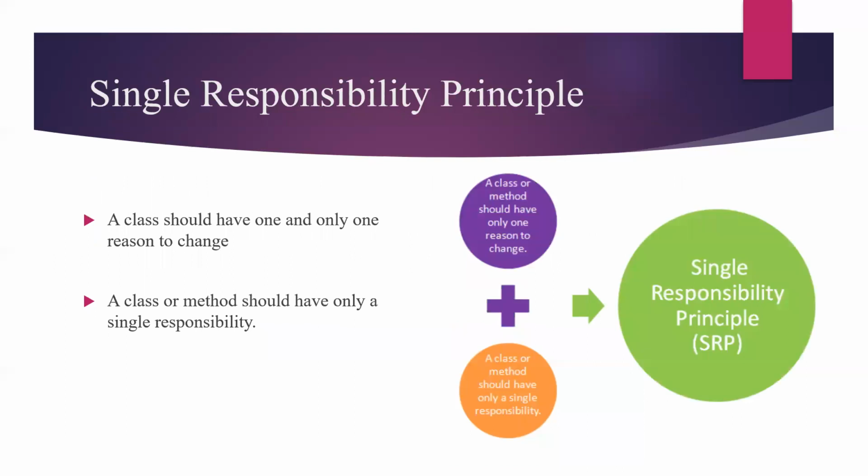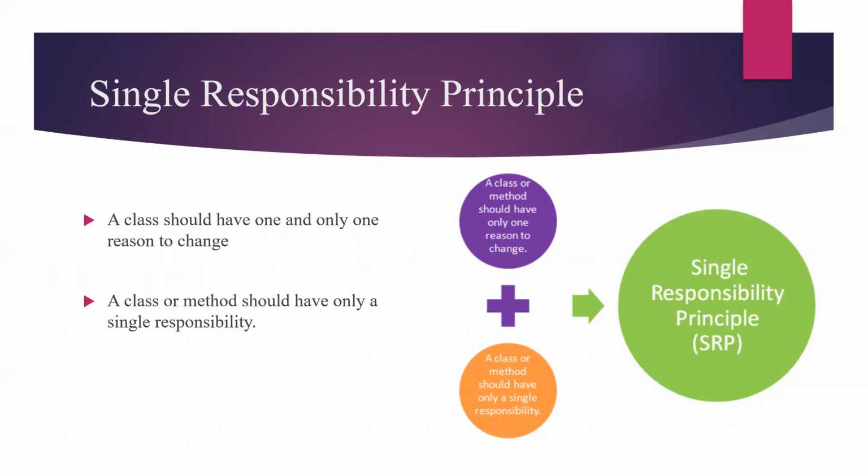So let's start with the first, the single responsibility principle. This principle states that when you are creating an application, in that particular application, one class should have only one responsibility. It should not be handling multiple jobs at the same time. So it should have only one reason to change.